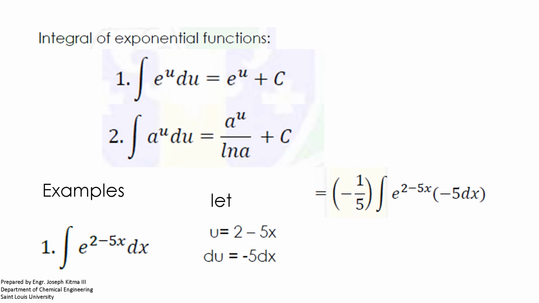Since we have corrected the integrand by introducing negative 5, we could proceed applying the formula that the integral of e raised to u du is equivalent to e raised to u plus c. So therefore, we now can write this. Do not forget the introduced correcting factor. That is negative 1 over 5 times e raised to 2 minus 5x plus c.